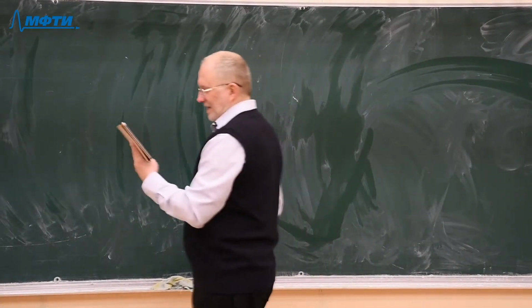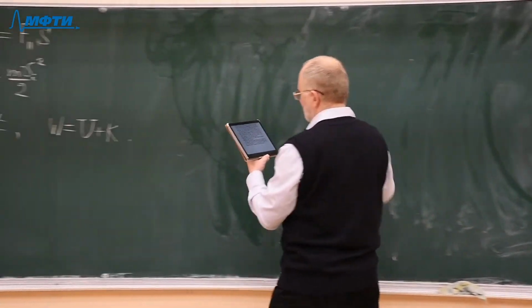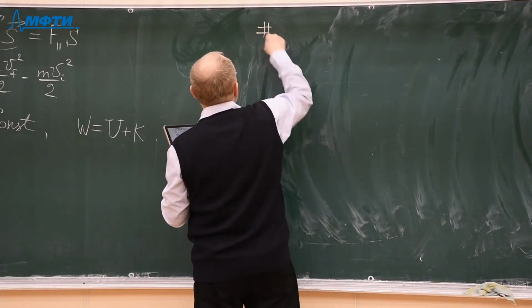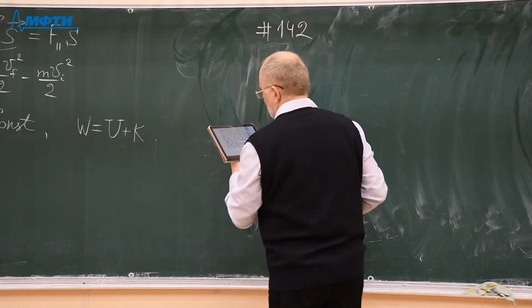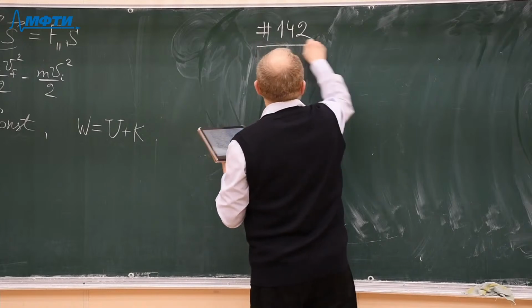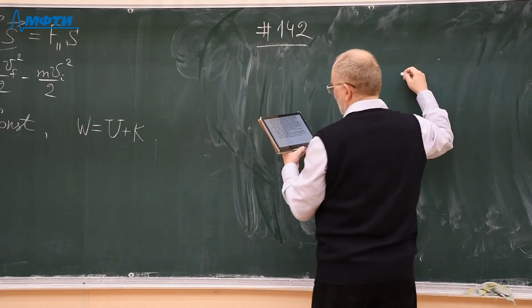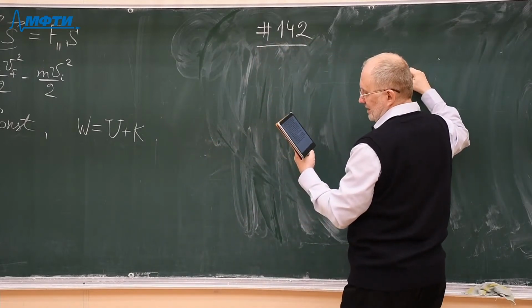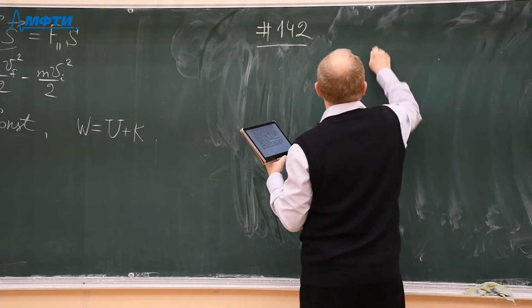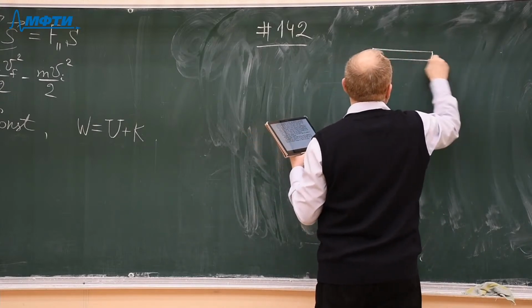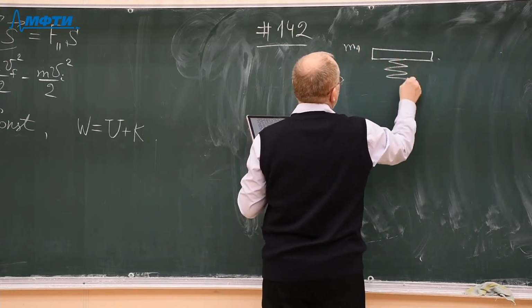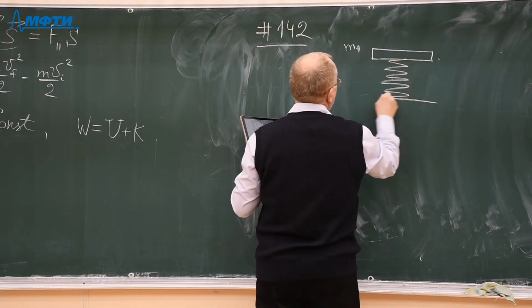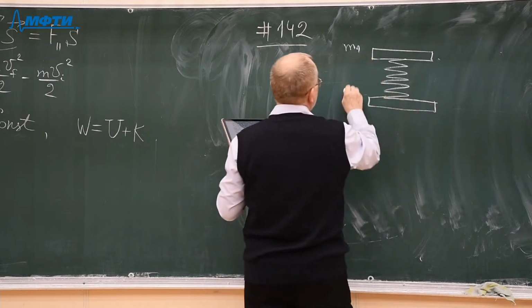Two plates whose masses are M1 and M2, problem number 142. Two plates whose masses are M1 and M2 respectively are connected by a spring. So we have one plate of mass M1. It's connected by a spring with another plate whose mass is M2.